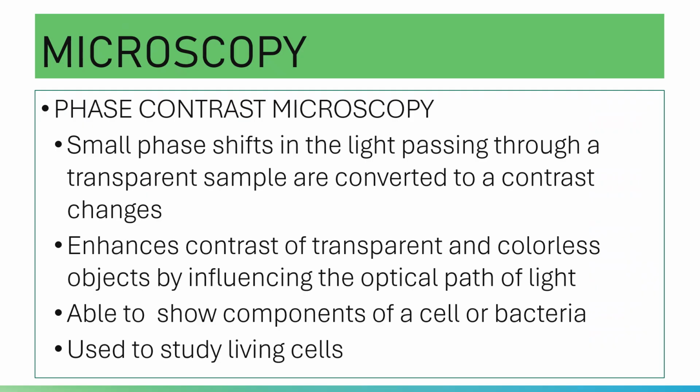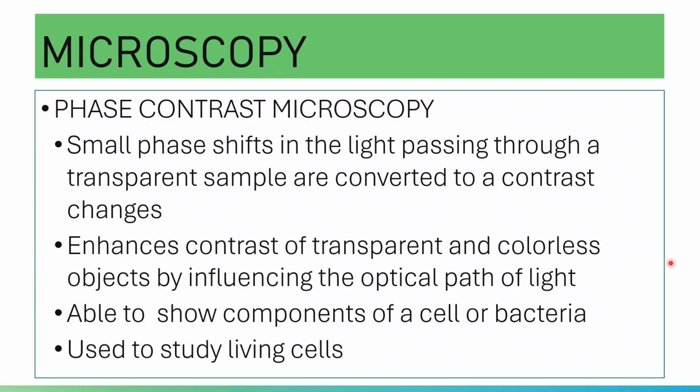Phase contrast microscopy. Please note that there are small phase shifts in this one. Small phase shifts in the light passing through a transparent sample are converted into contrast changes. Phase contrast microscopy enhances contrast of transparent and colorless objects by influencing the optical path of light.